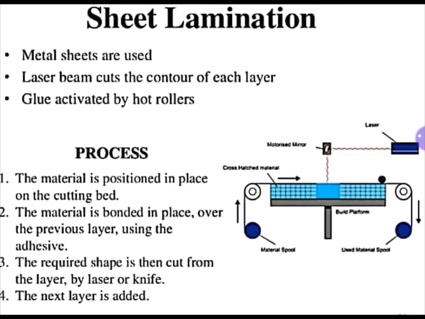You are observing the diagram of this sheet lamination process. Here you can observe the build platform on which we are going to place the sheet material one above the other till the required thickness is obtained.